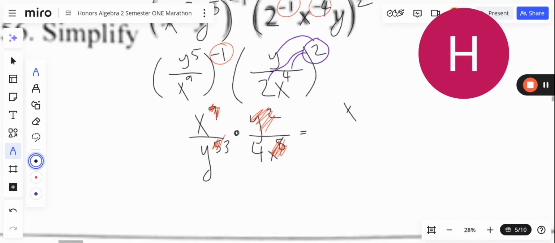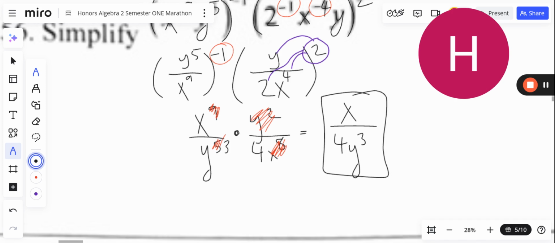And therefore, we just get x over 4y cubed. Okay, now these exercises are not exactly what you should expect to see much of in pre-calculus or calculus specifically. This is to get you competent with expressions working with powers.